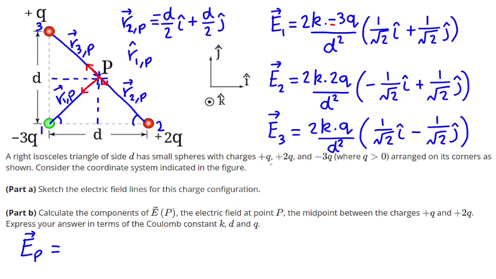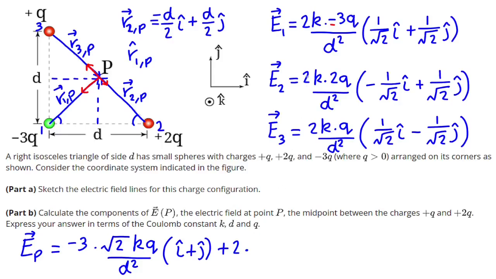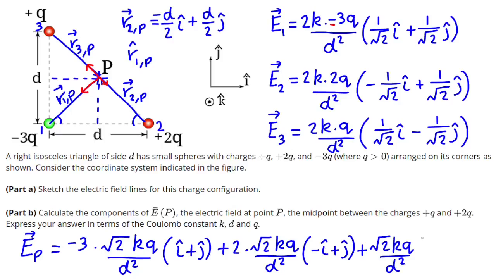So what we have is minus 3 by 2 on root 2, which is root 2, by kq on d squared. So we factored out 1 on root 2 by i plus j. And then we have 2 multiplied by 2 on root 2 by kq on d squared, minus i plus j. And then plus 2 on root 2 by kq on d squared by i minus j.